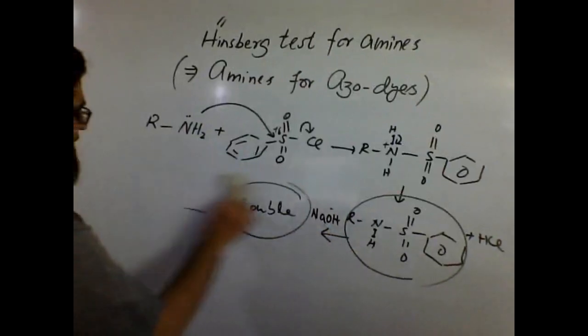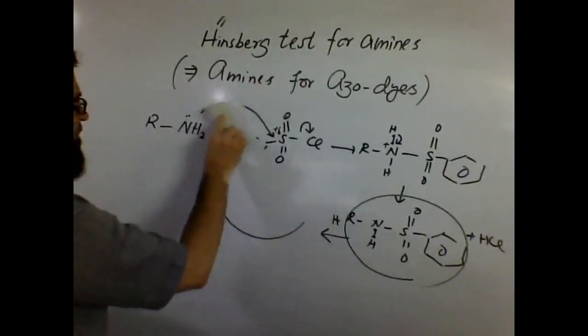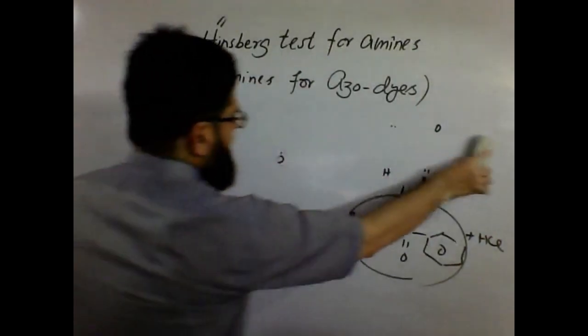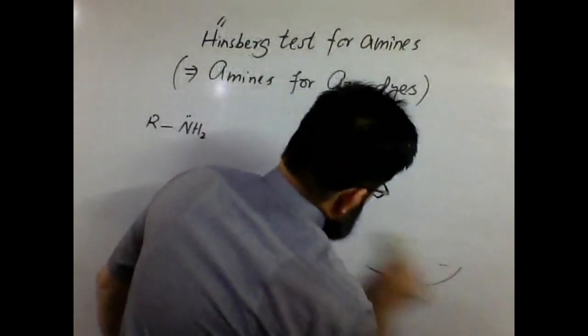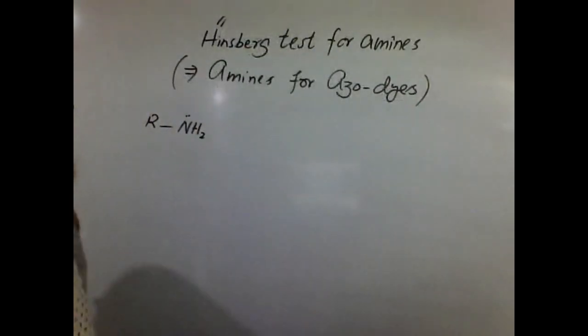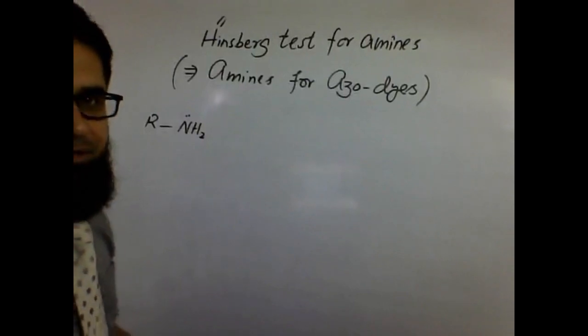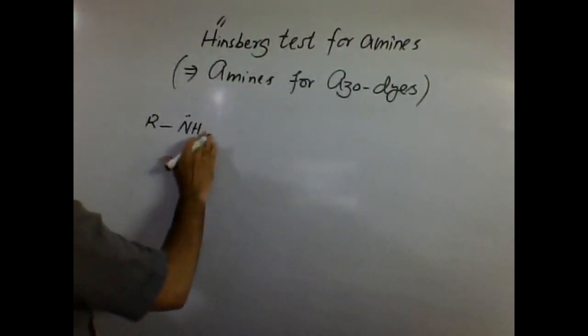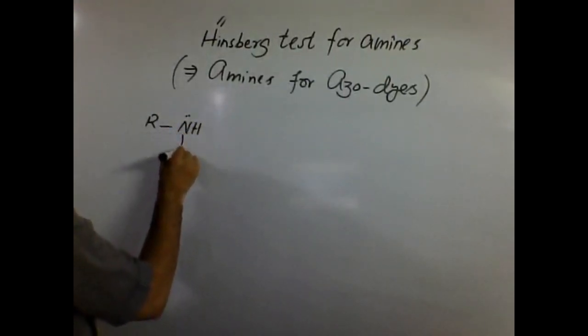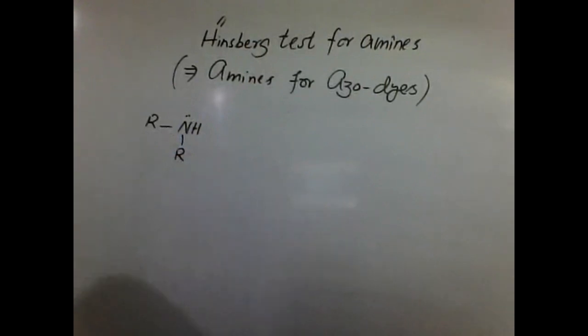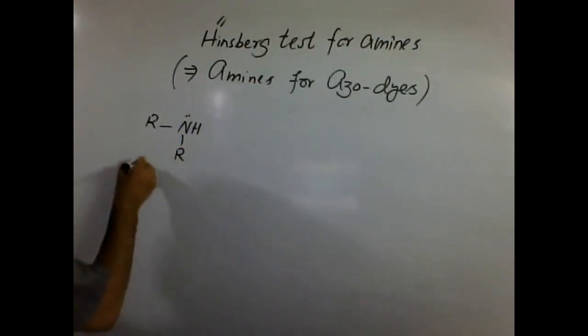Let's look at if the given compound is a secondary amine, then what would have happened? Let's say if we have two R groups, then it will be a secondary amine.